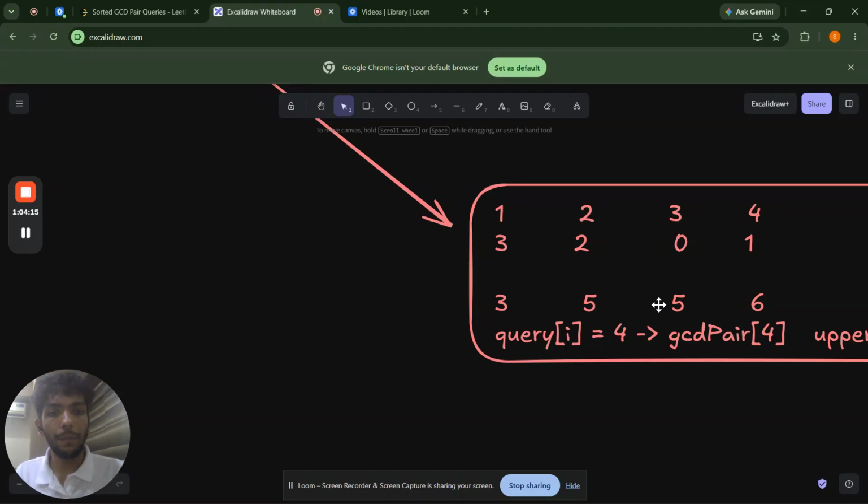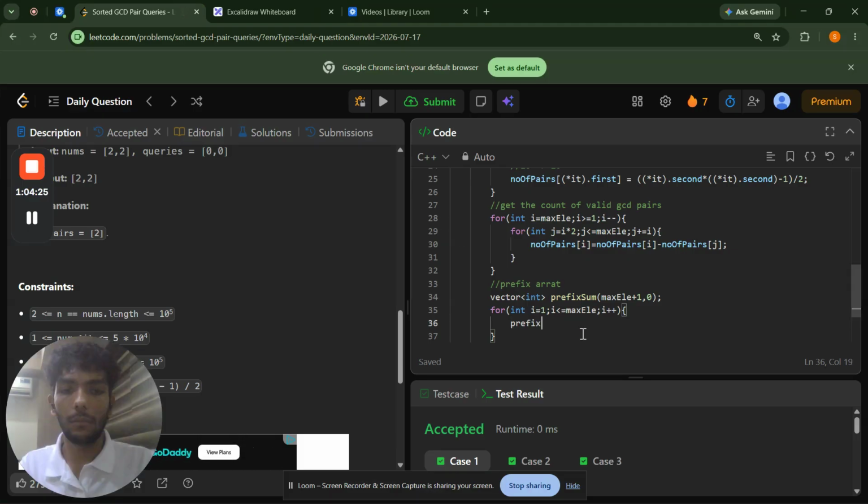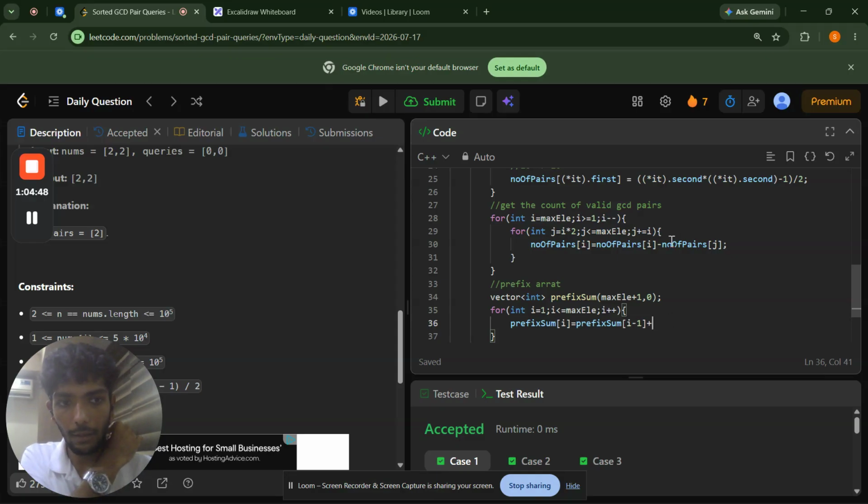So prefix till i minus 1, and then add the count of pairs for that element. This was the previous part, and then for itself, the number of pairs.